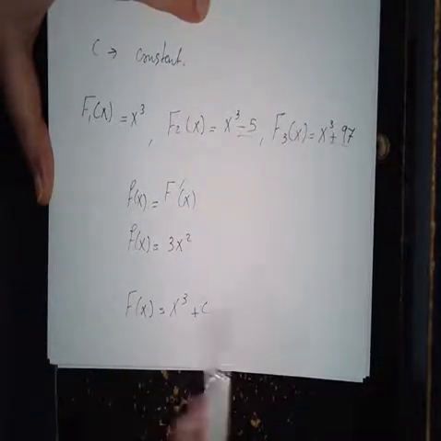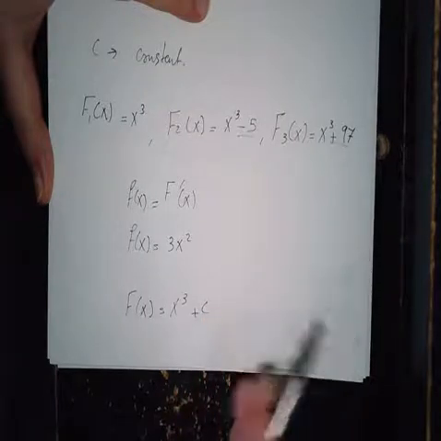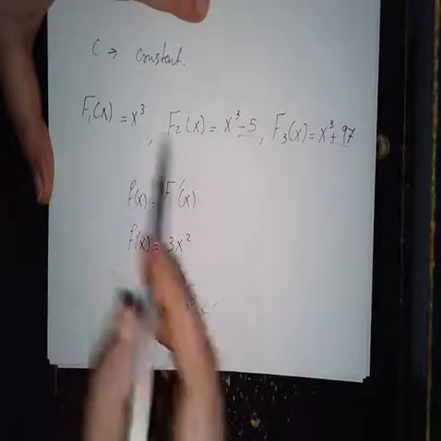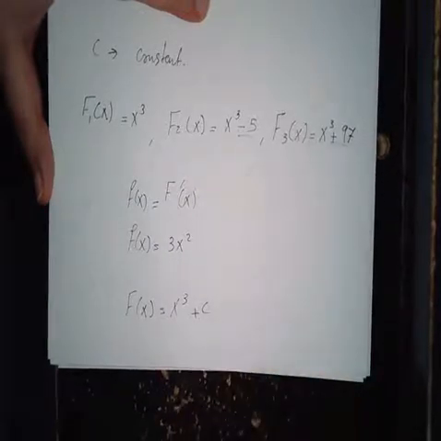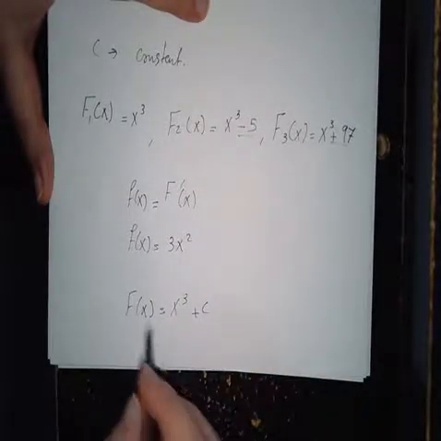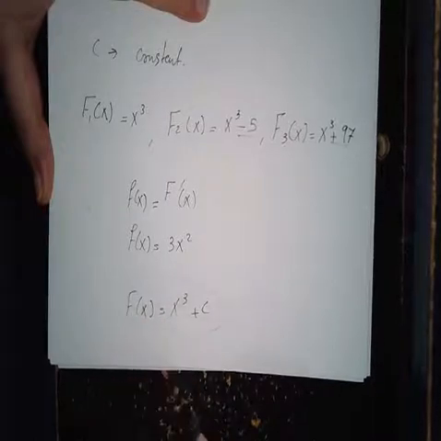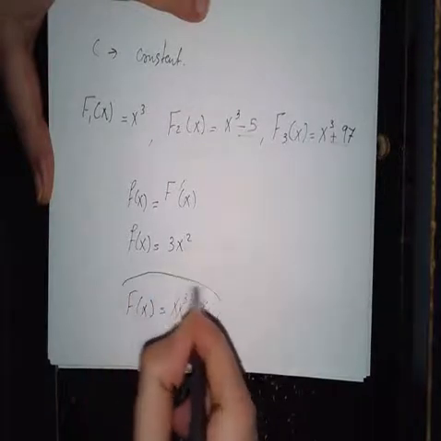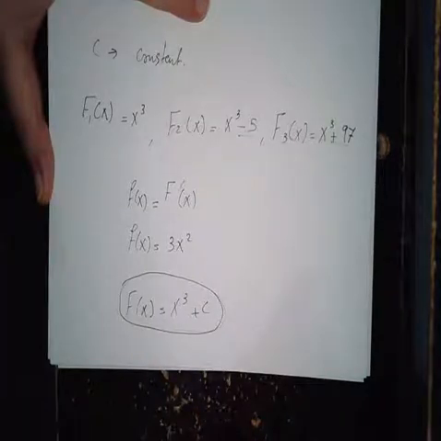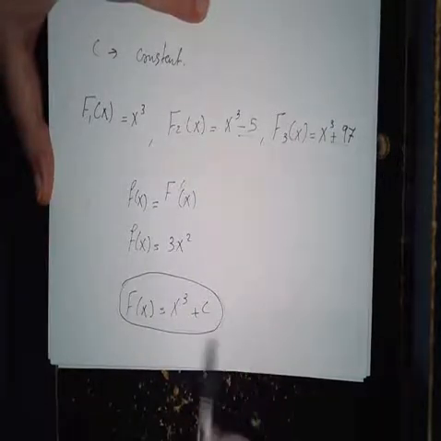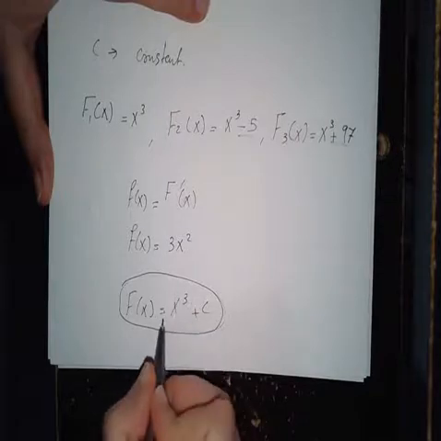Now c is an arbitrary number and it could be anything. So it could be 0, it could be negative 5, and it could be positive 97. Make sense? So that's why we present a constant c every time. And let me tell you this, every time people solve an integral or find an antiderivative, they easily forget to add the c, because the x is the part you solve for.